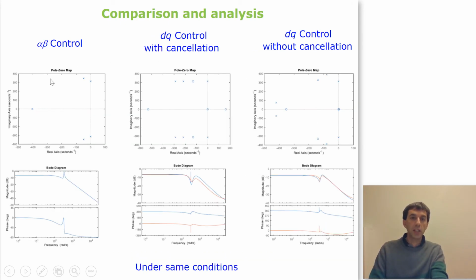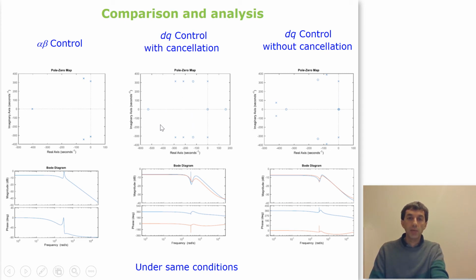Finally, if we analyze the poles for the three controls and the frequency response, again under the same conditions, here are the poles for all the three static controls. Here we have the steady state poles, which are the same in all the cases.